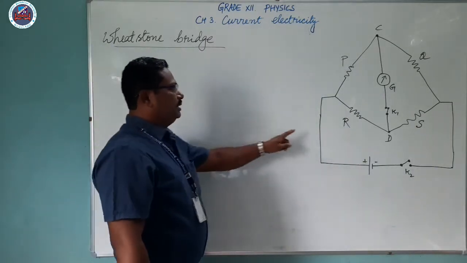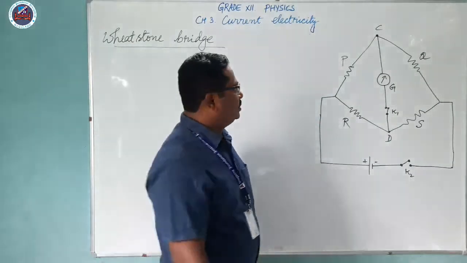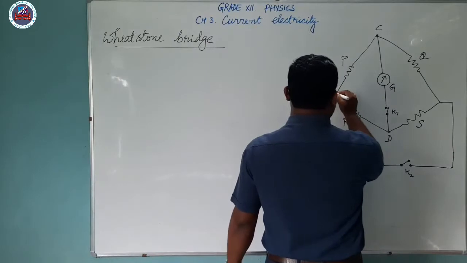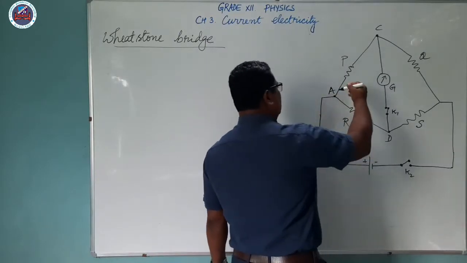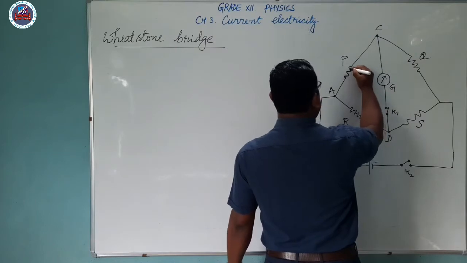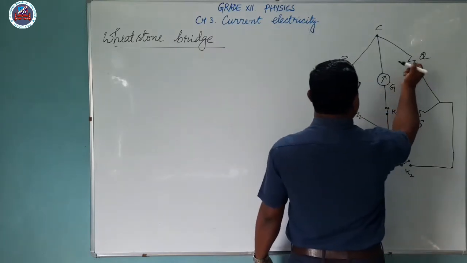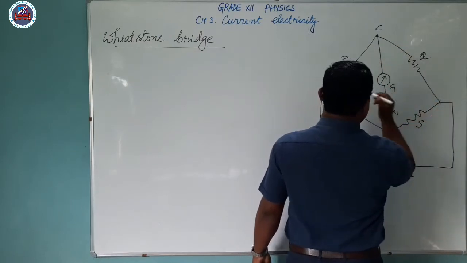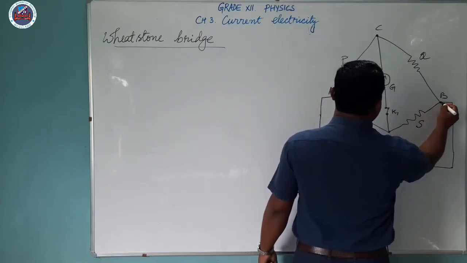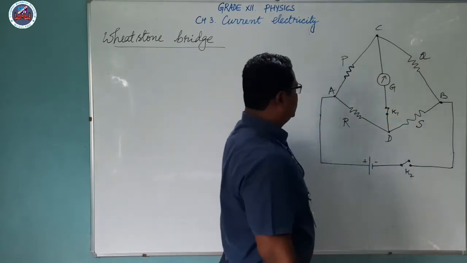What do we do with this arrangement? Let me mark this point as A. In the arm AC, the resistor P, and resistor Q, we call them ratio arms. Suppose this point is B. This P by Q, we call it ratio arms.